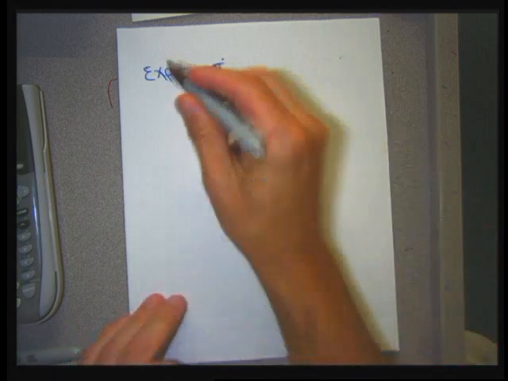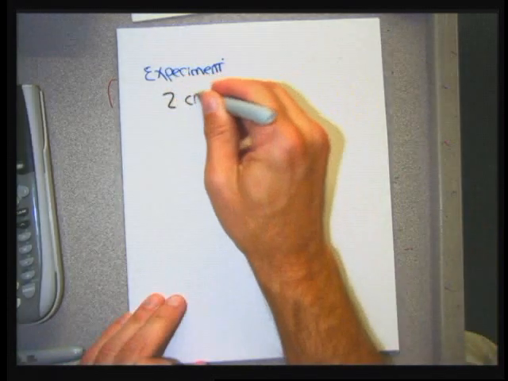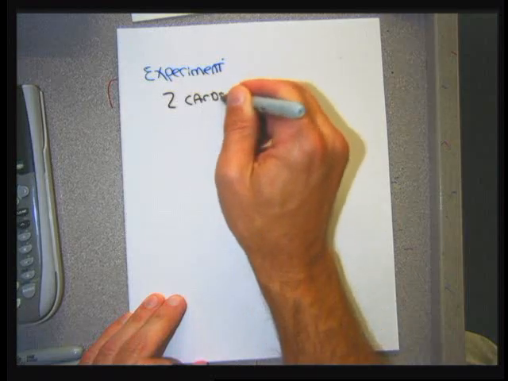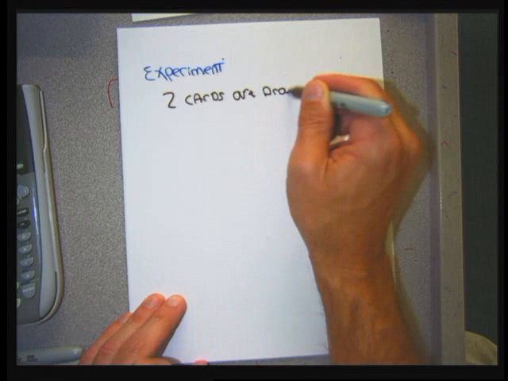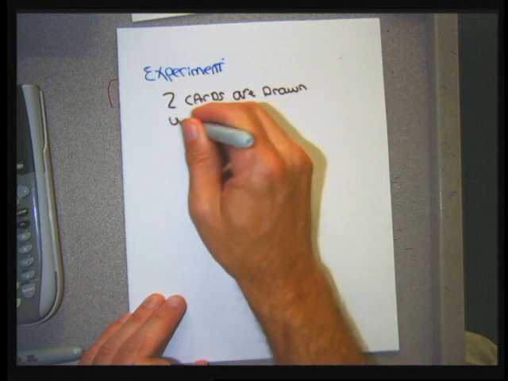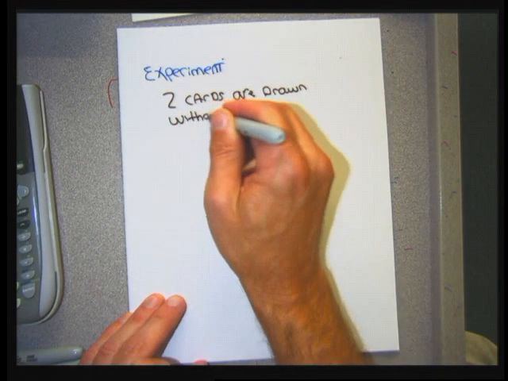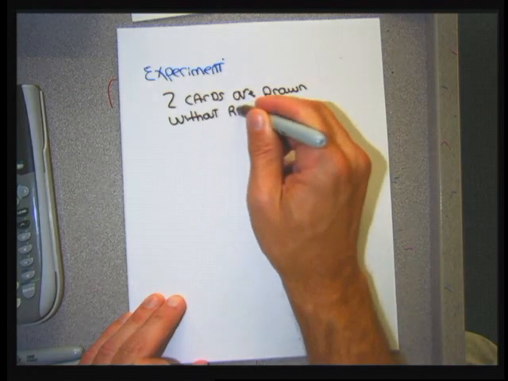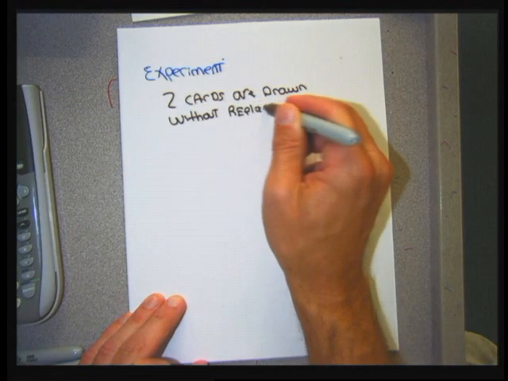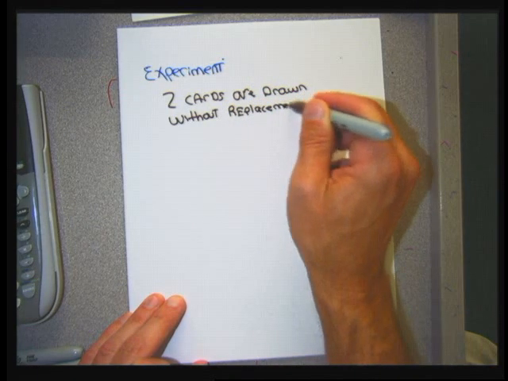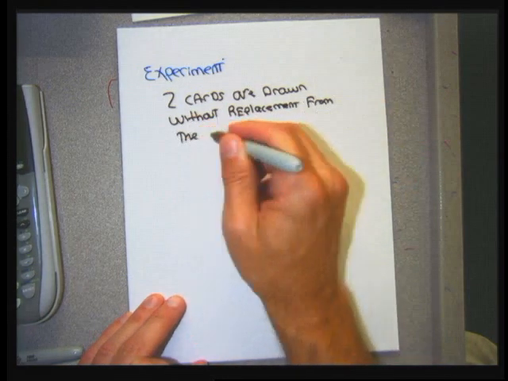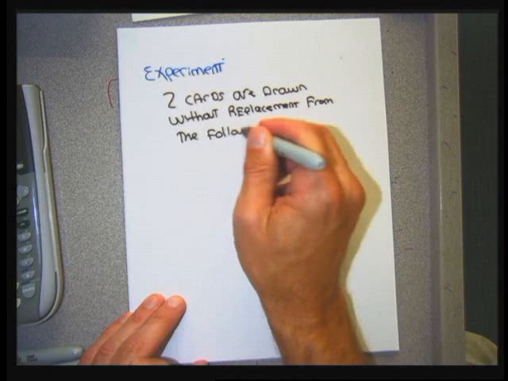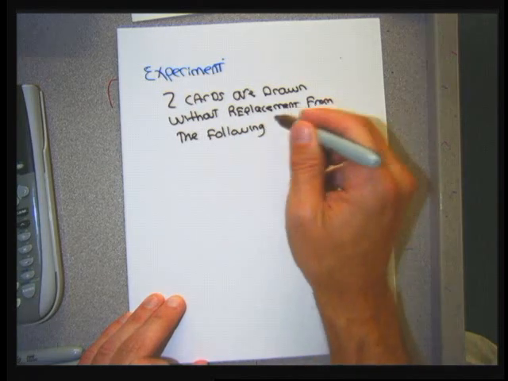Okay, I'm going to say two cards are drawn, and let's do without replacement, which makes it easier. Then I'll do one with replacement. From the following 5 cards.